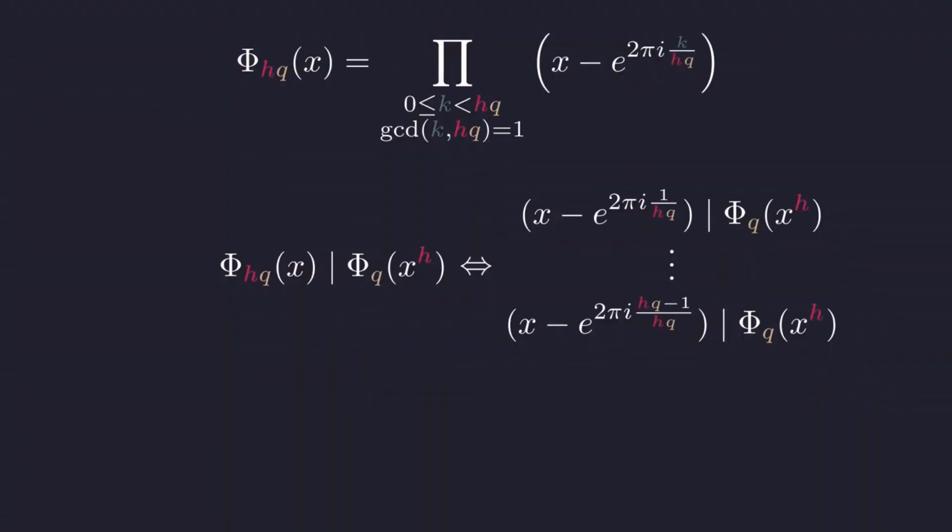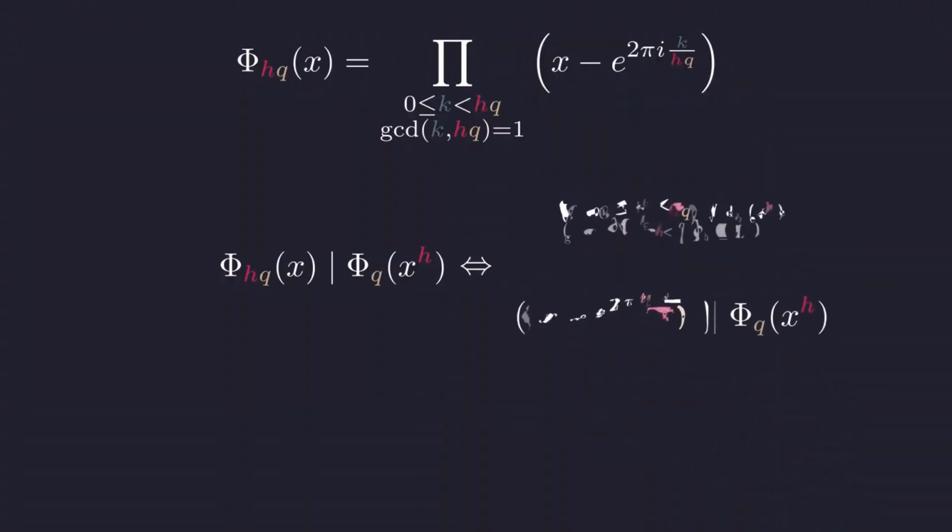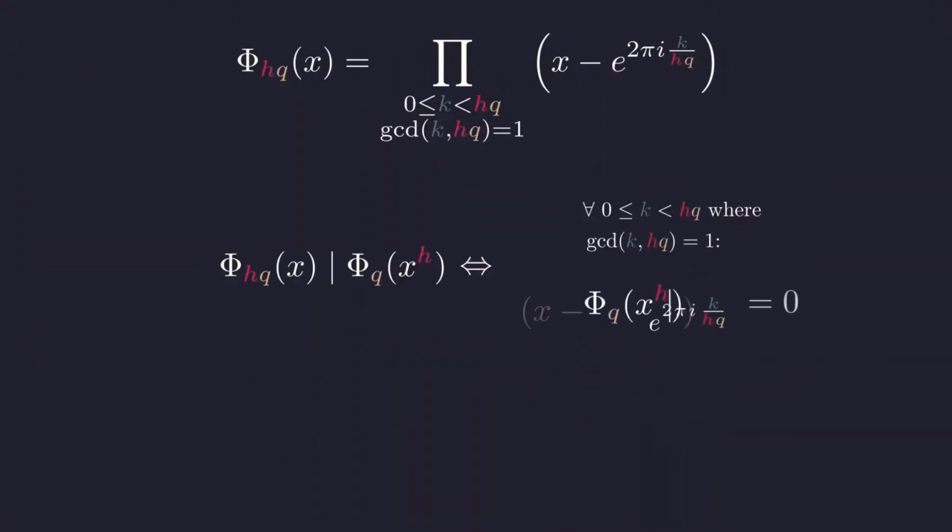But this is the same as each of the roots corresponding to these linear terms also being a root of phi sub q of x to the h. More formally, what we need to prove is that for all k ranging from 0 to hq minus 1, where k is relatively prime to hq, phi sub q of x to the h evaluated at e to the 2 pi i k over hq is 0.